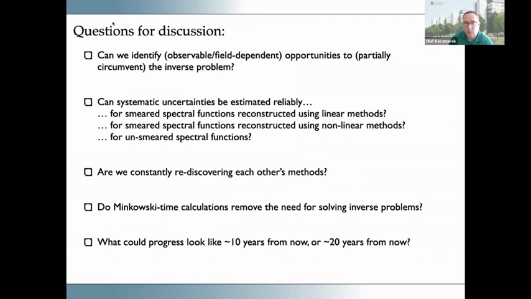concerning the smearing or use of gradient flow for operators. If you do that at finite smearing or finite flow time, then you no longer have a guarantee of positivity of the spectral function. That sometimes is forgotten or ignored.